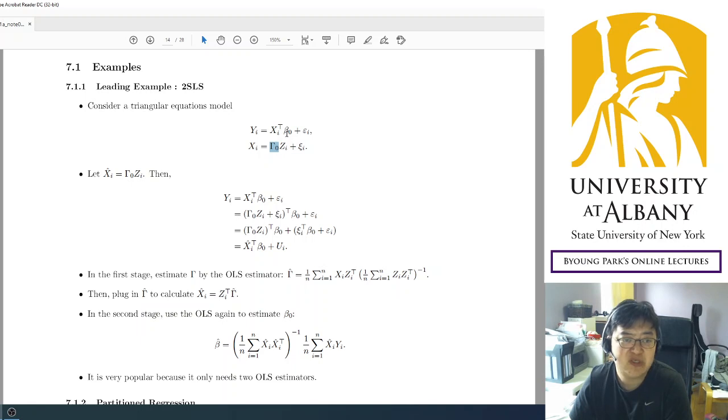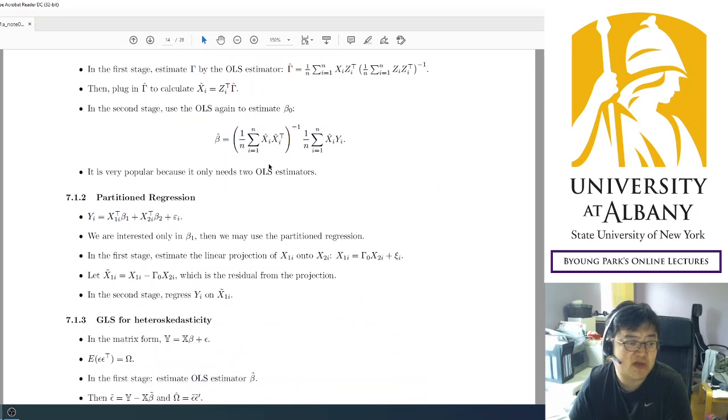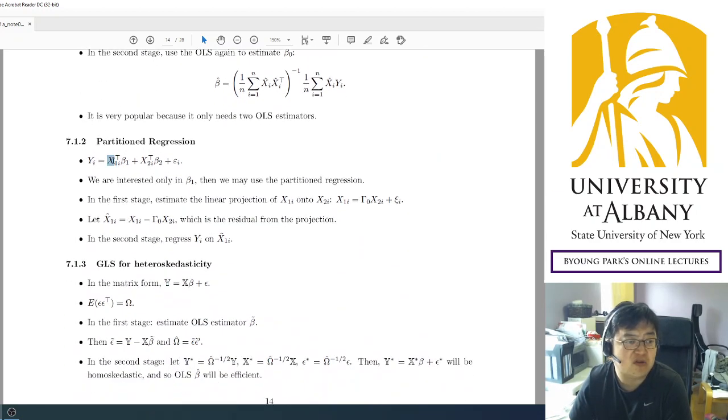You are interested in the effect of x on y, but to estimate that, you need to know the effect of the instrument on the endogenous variable, which is the nuisance parameter. In partitioned regression, I just want to know the effect of x1 on y, beta 1, but to do that, you need to estimate the effect of x2 on x1, right? In the first stage, so this is the nuisance parameter.